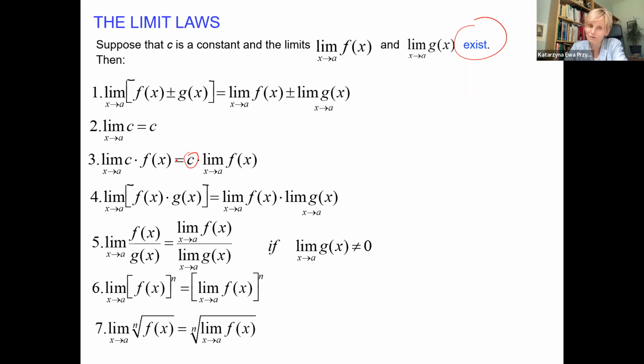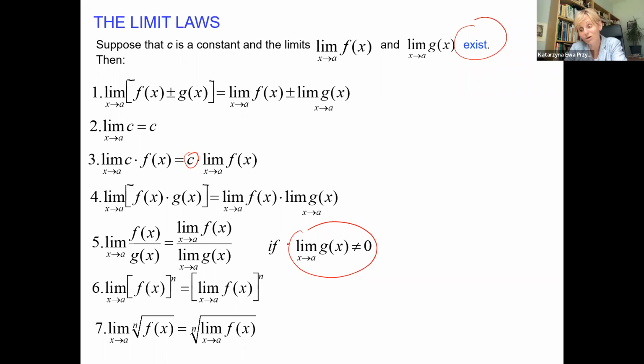Number four, the limit of the product is the product of the two limits. Number five, the limit of the quotient is the quotient of the two limits. With property number five, we have to remember the denominator is not allowed to be zero. If the limit of the denominator is zero, then we do have a bit of a problem. Again, maybe not enough information to compute that type of limit, or a different tool will be required.